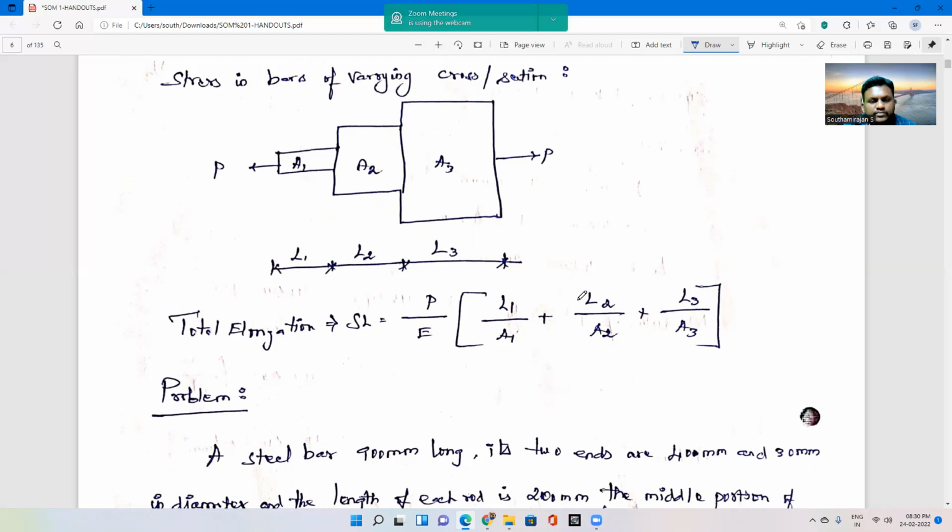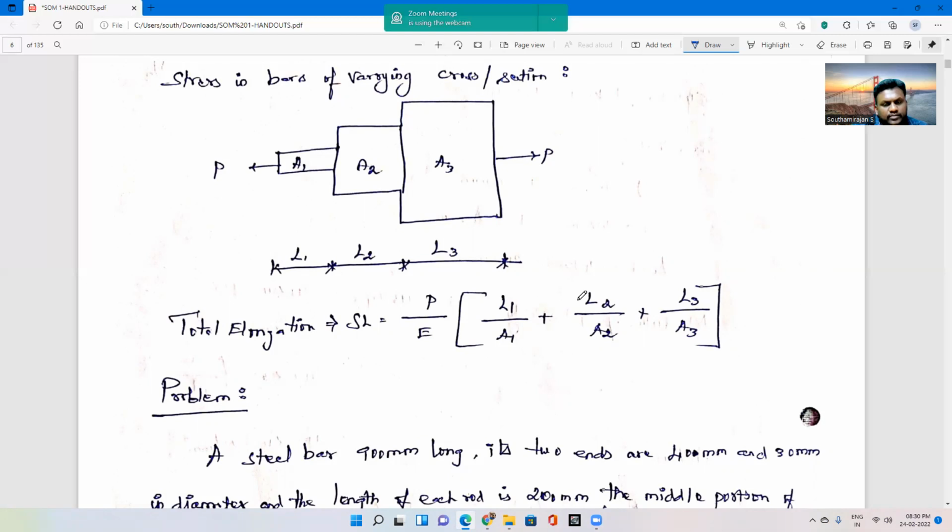Similarly, we are taking different lengths of material as L1, L2, L3. These different sizes of materials are uniformly joined together into a single member. At the exterior ends, we are applying a uniform load P along the center of the member.